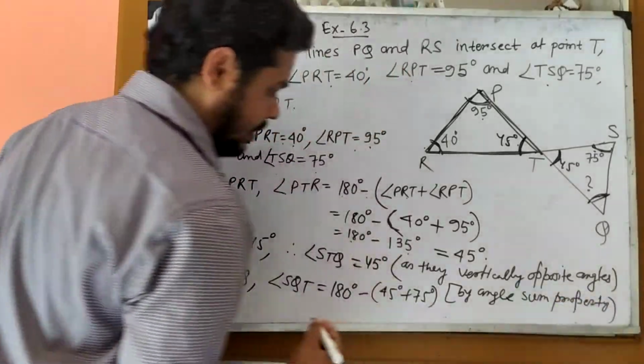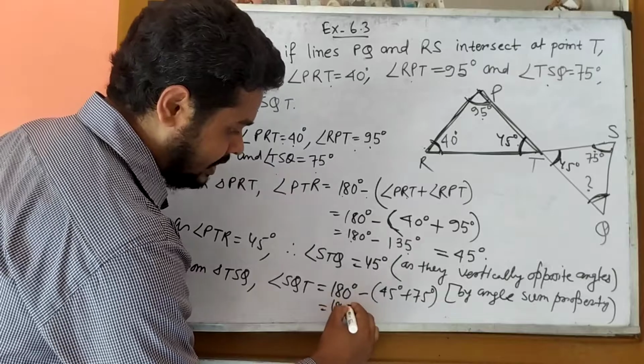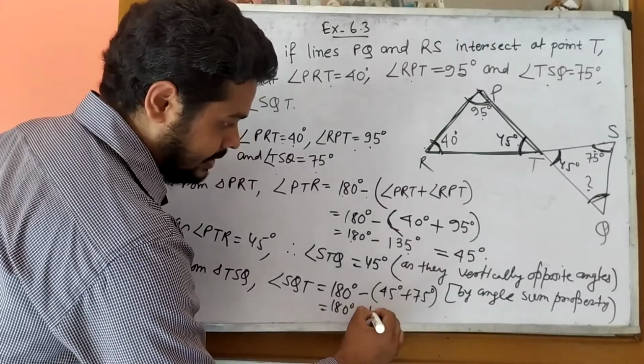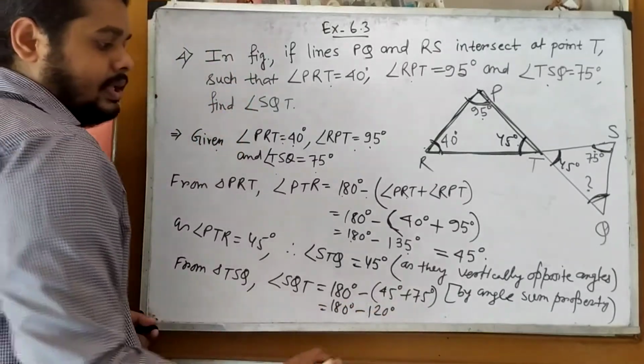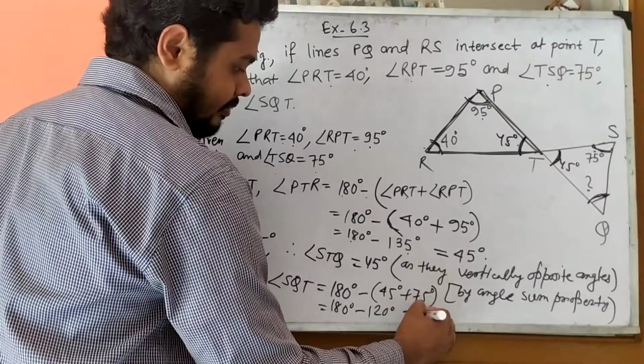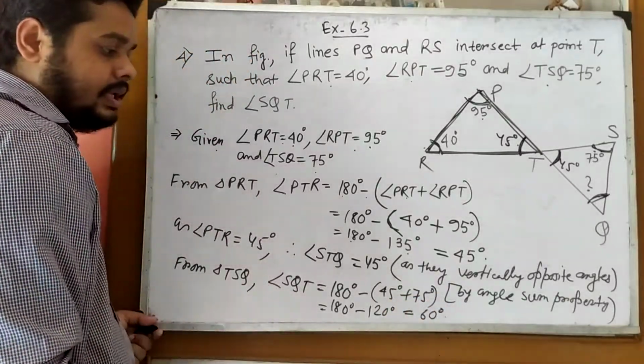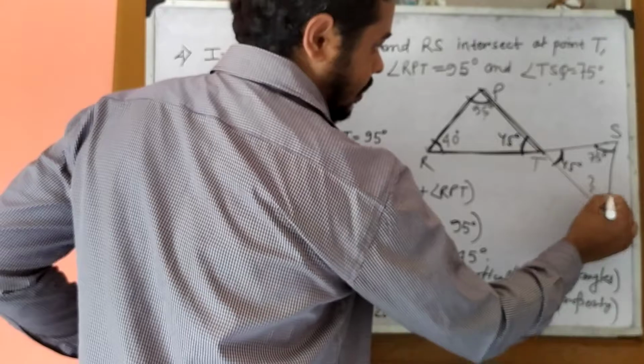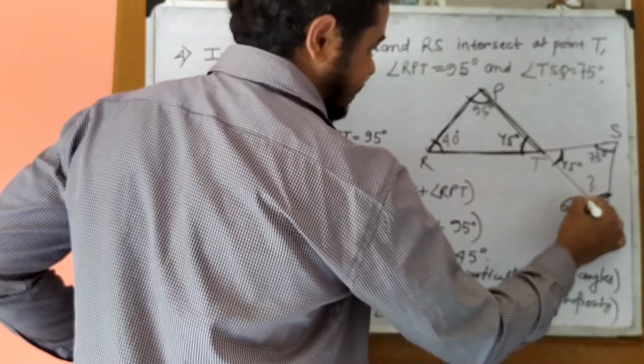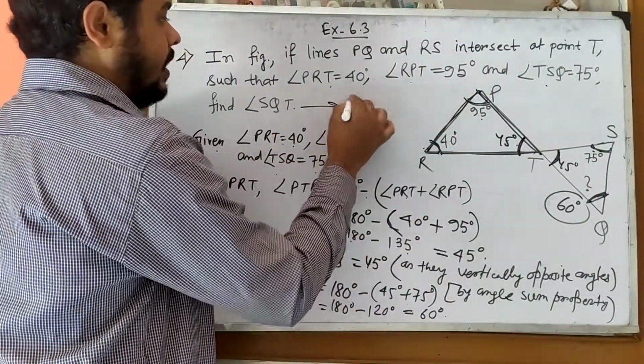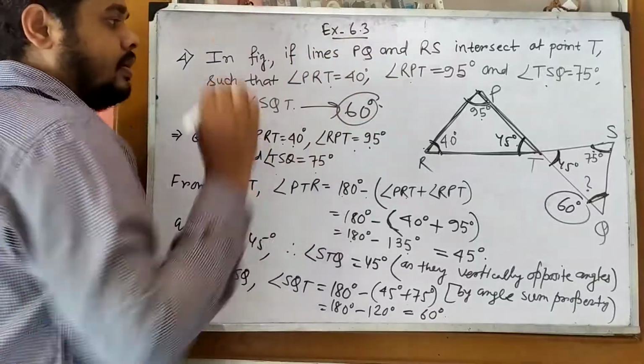Okay, now 180 minus 120 equals 60 degrees. So the value of that angle is 60 degrees. So this is our answer.